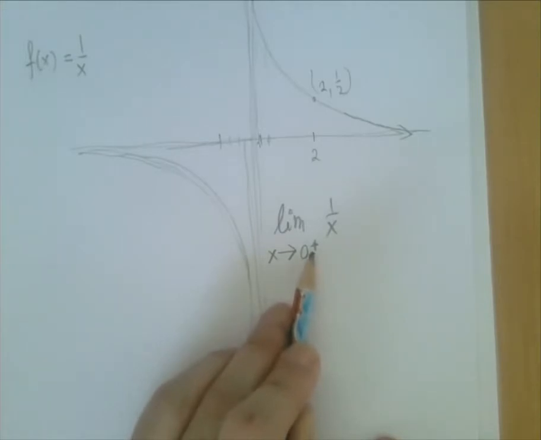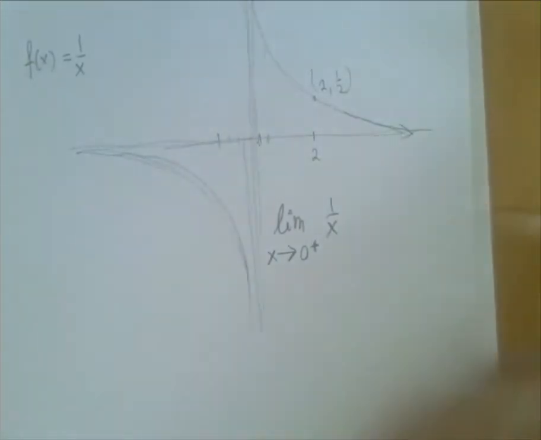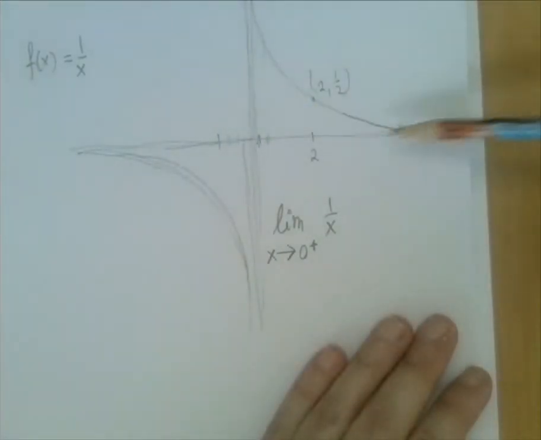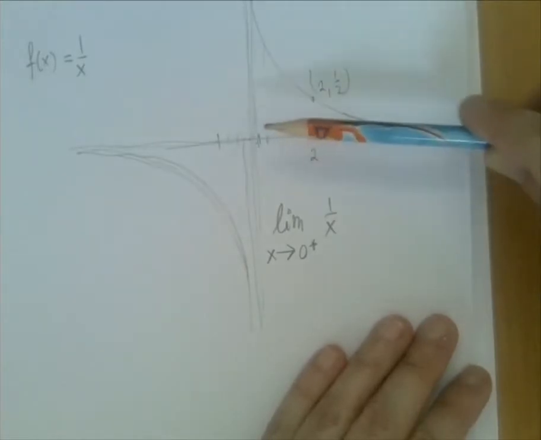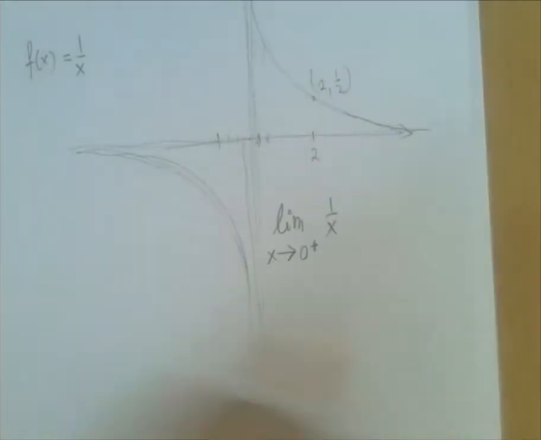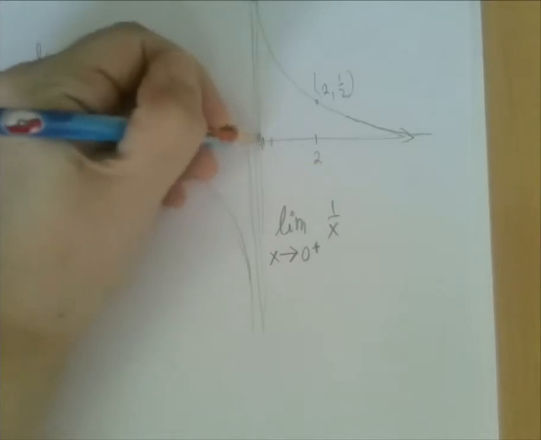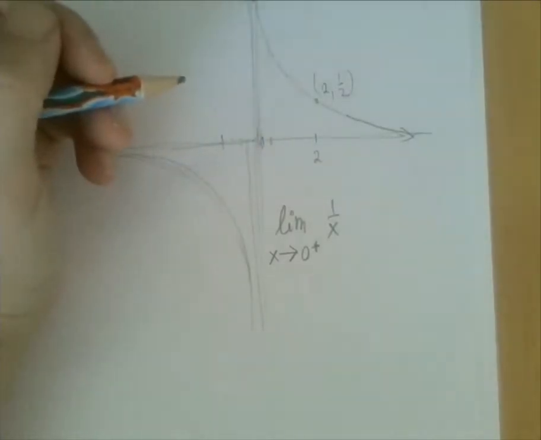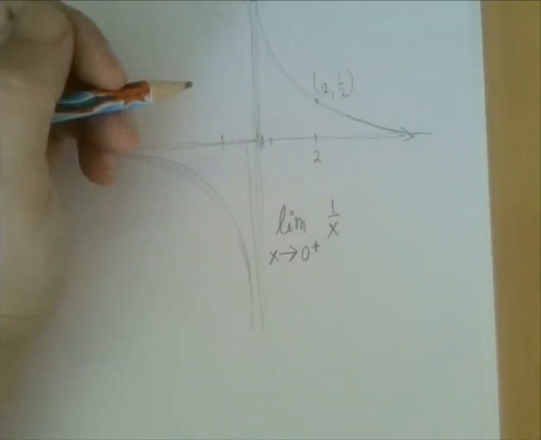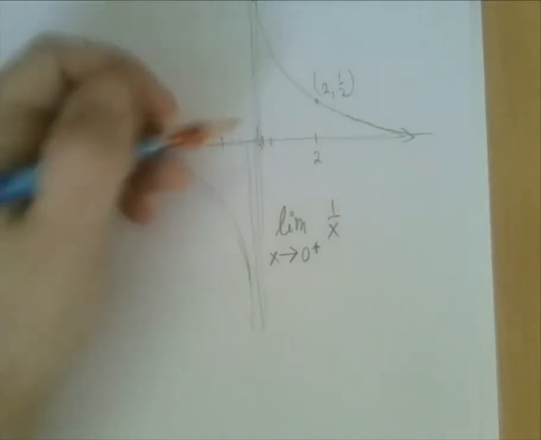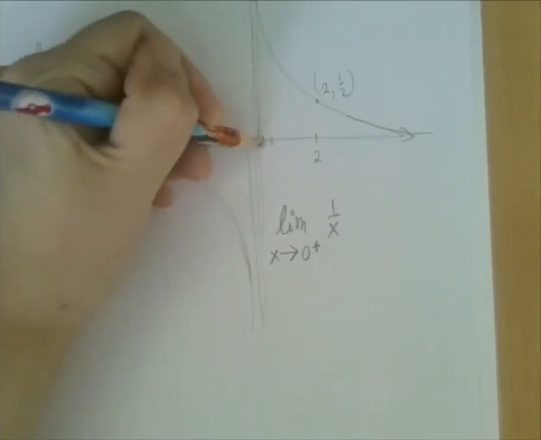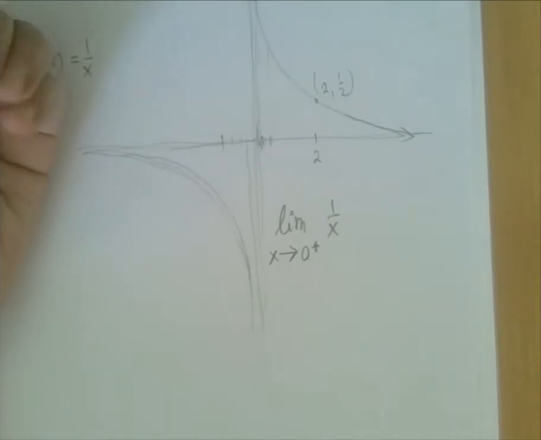So 0 with a little plus means that 0 is approached from where plus infinity lives, so it's from the right. If we approach 0 from the right-hand side, and we get closer and closer to 0, that's like numbers like 0.1, 0.05, 0.00001. If we do that to the x values, what happened to the y values? Is there a tendency? And the answer is yes, it's infinity.